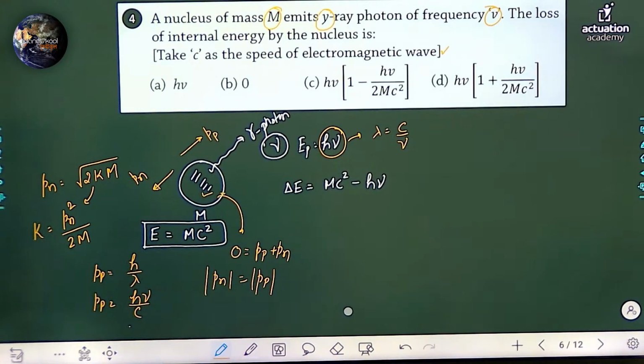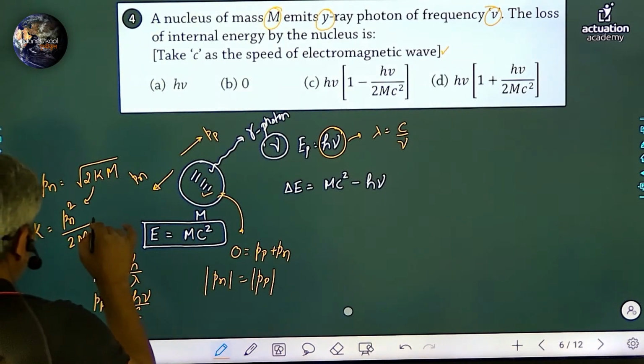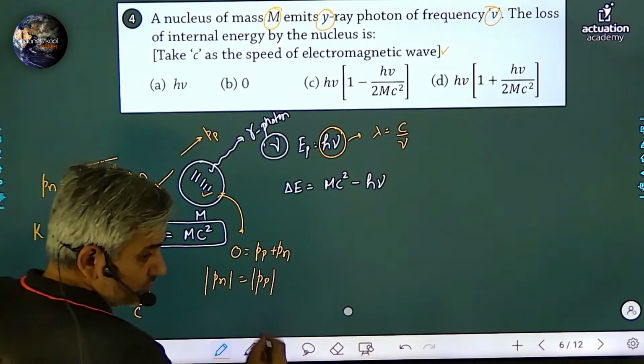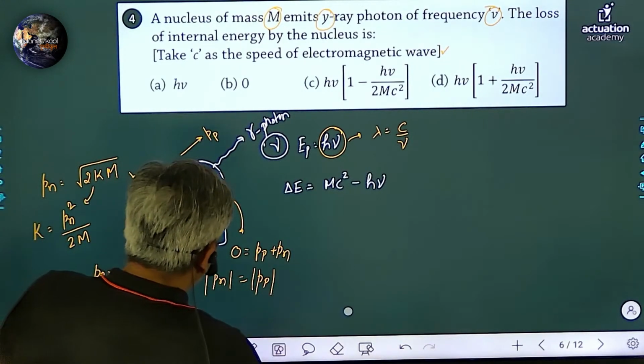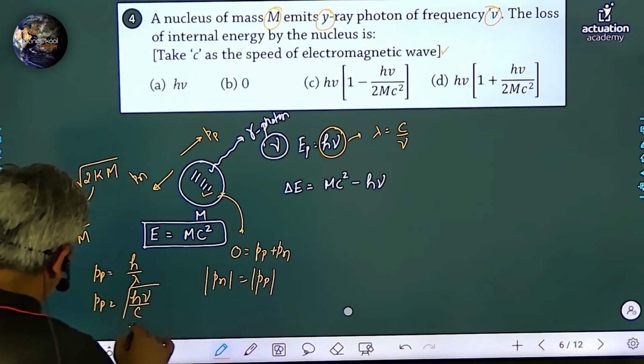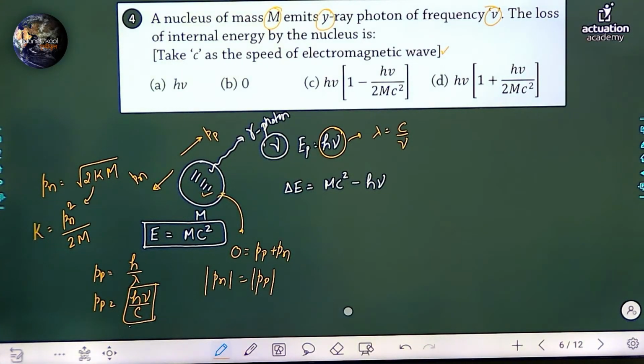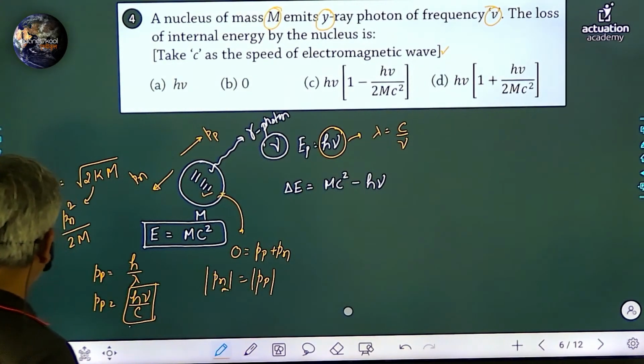Now the momentum of the photon is h nu by c, and that is equal to the momentum of the nucleus.